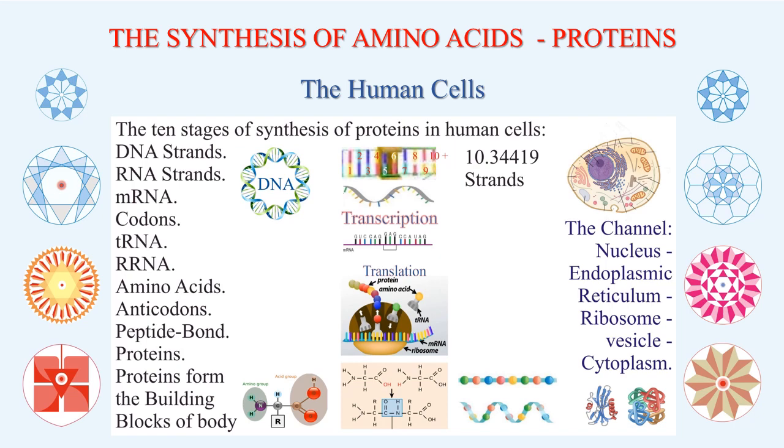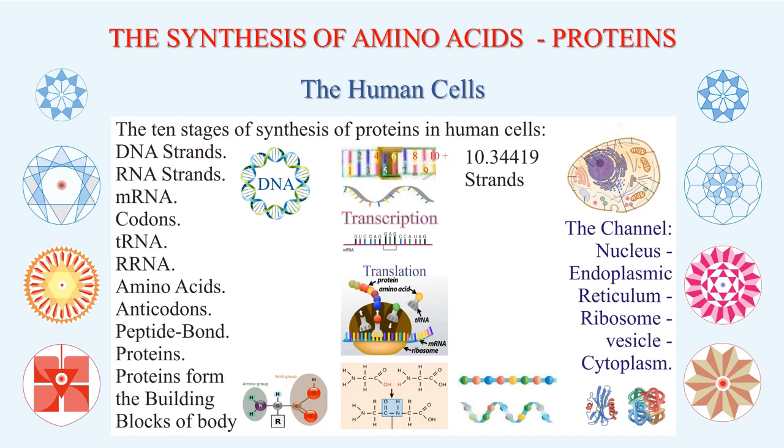You can see the other side. And these things take place in cells, endoplasmic reticulum, ribosome, vesicles, and cytoplasm. The whole process takes place: DNA comes from the nucleus, then RNA from the nucleus to the cytoplasm to the endoplasmic reticulum to the ribosome for formation.